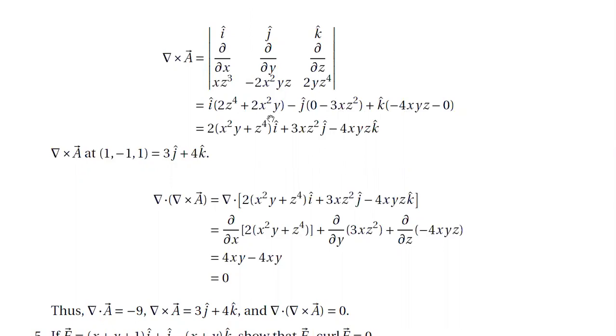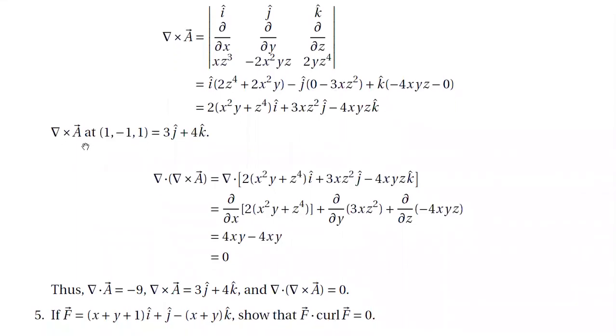You get 2 as a common term here, bring it out. Here you get z⁴ and here you get x²y. So you get 2(x²y + z⁴) i. You can write in any order. The order doesn't matter here. Then here minus into minus, so it becomes plus 3xz² j. And here you get minus 4xyz k.